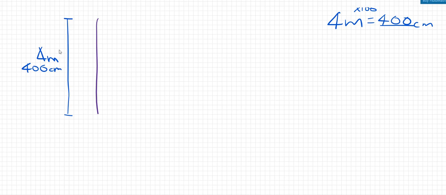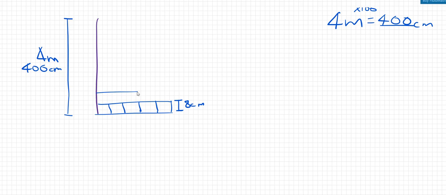Okay? Now each layer of brick, so imagine these are my bricks. We can draw the ground. So the ground's just there. It's the first layer. So from there to there, each layer of brick, it says it was 8 centimeters. Okay? So that's what's happening with each layer of brick.